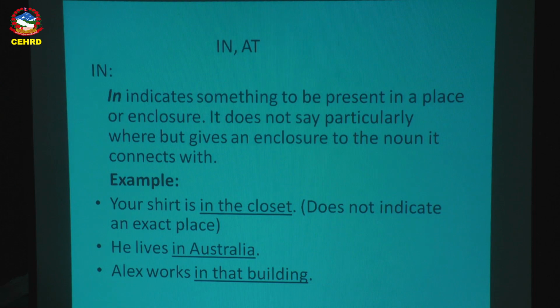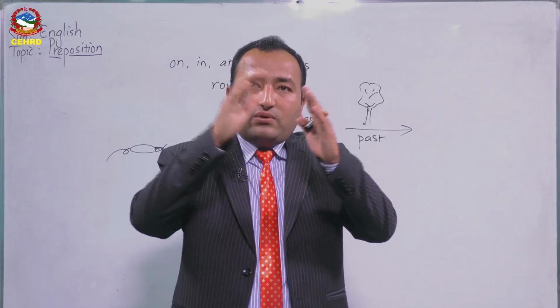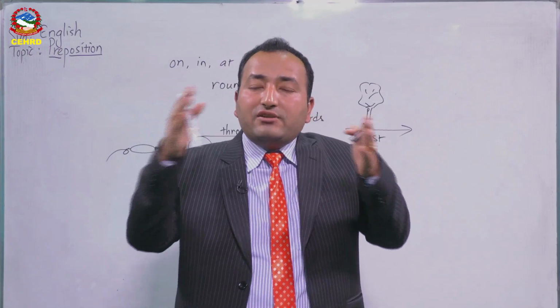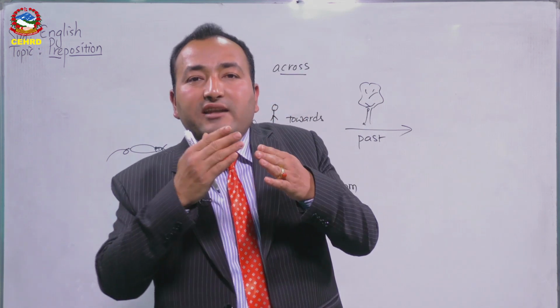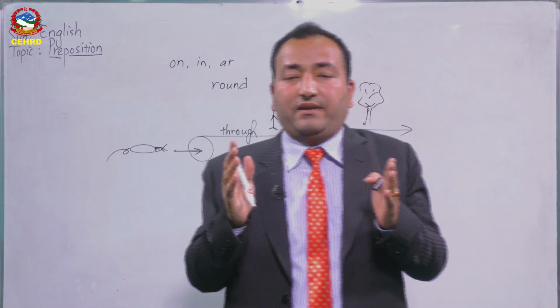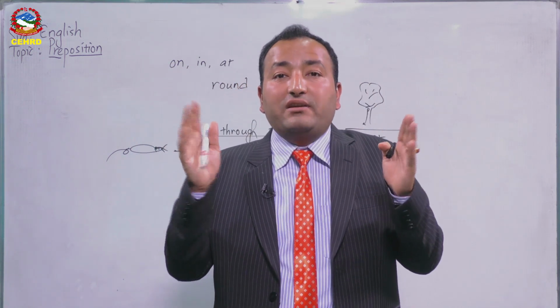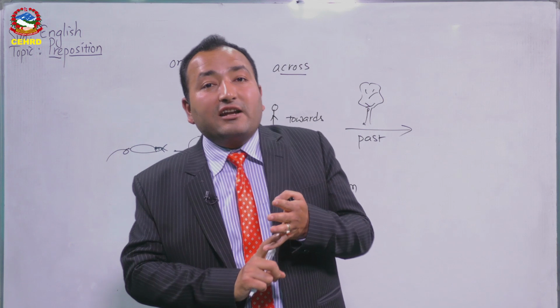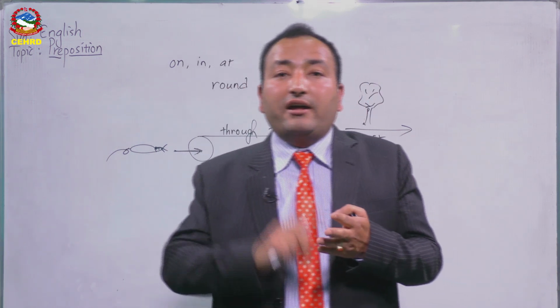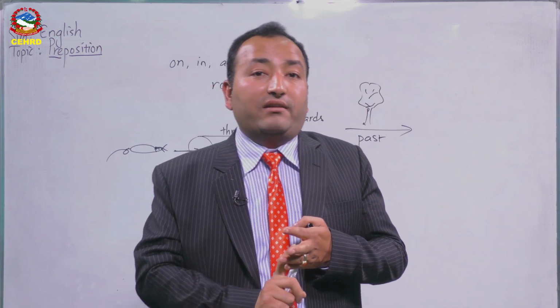Means in is used to show the area of something and to be inside the area, inside the boundary. In, larger place. So we call it larger place, bigger place. We use in. We call it in Kathmandu, in Nepal, in India, in the universe, in the world.